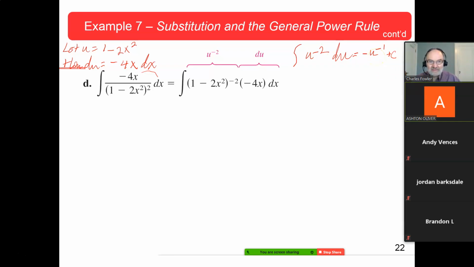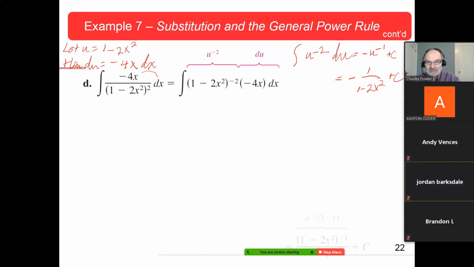Okay? But this was not a minus 1, it's a minus 2, so you can still do the power rule. And this translates to negative 1 over u, but u is that, so it'd be negative 1 over 1 minus 2x squared plus c. So that's what we get as the answer.